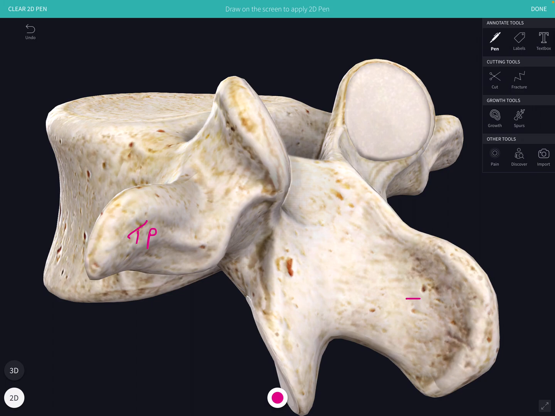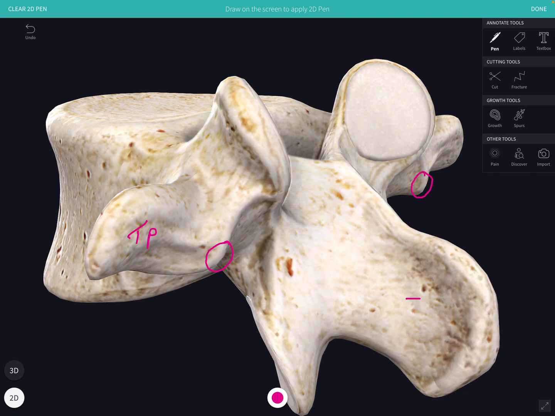The transverse processes of the third lumbar vertebra are the longest, and the transverse processes of the fifth lumbar vertebra are the shortest and the thickest. At the posterior part of the lower border of each transverse process and close to the body of the vertebra is a bony tubercle known as the accessory process. In here, the accessory process.